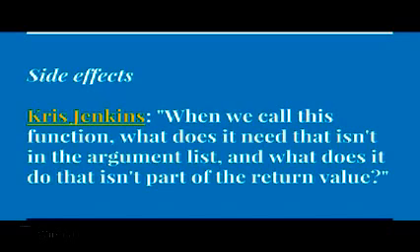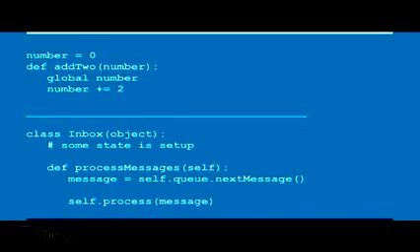What does it need that isn't in the argument list, and what does it do that isn't part of the return value? We saw in add2 that we've got some global variable named number. So this function, while it does take an input, has this side effect of mutating the value of this global variable named number. So we could say the side effect of add2 is that it changes the state of this global variable number.